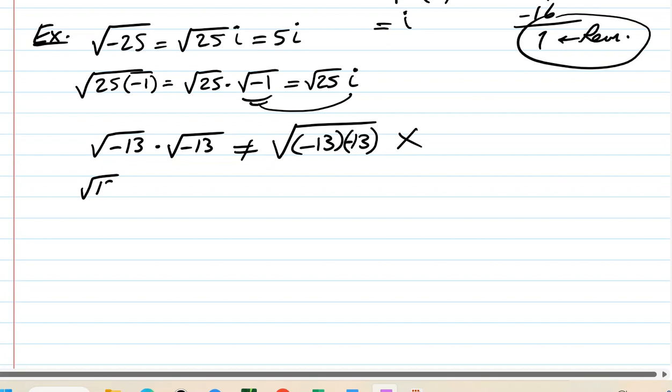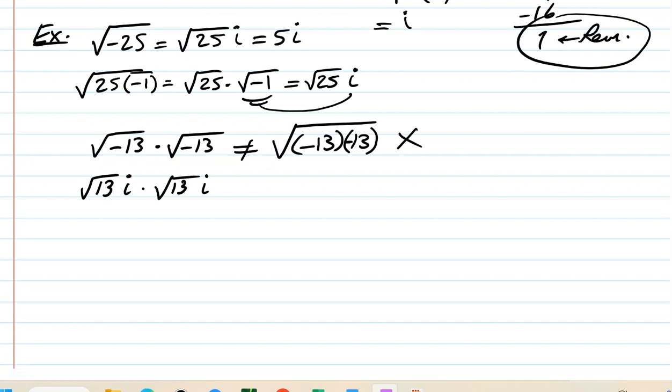We're going to write this as root 13 times I, times another root 13 times I. Now root 13 times root 13, if you want to write it, that's root 169. But anytime you multiply two square roots where the radicands are the same, you simply get the radicand. You can see here the square root of 169 is 13. So you could multiply them, then take the root, or just do the shortcut.